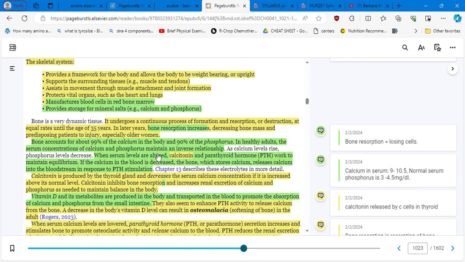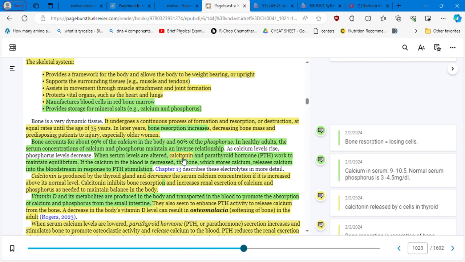This concept right here, these three lines are kind of confusing for some students. I'm going to try to break it down and make it easier. The way I remember calcitonin: first of all, calcitonin is produced by the C cells in the thyroid. Calcitonin, start with the C. Number two, look at the word: calcium tone-down, calcium to non-increase.